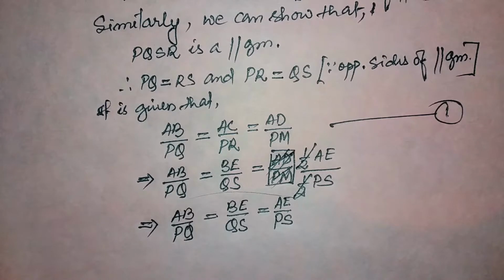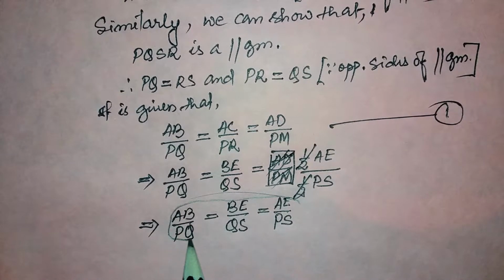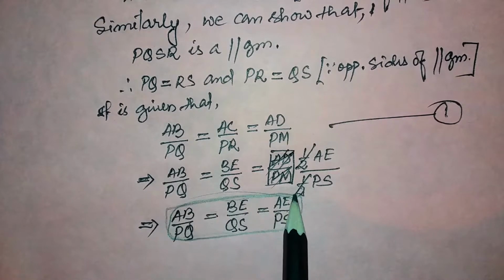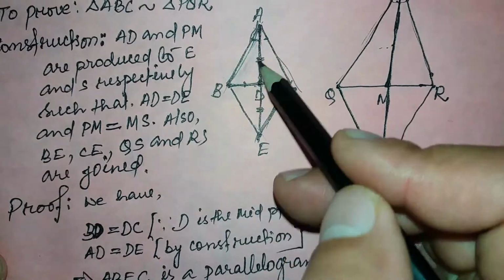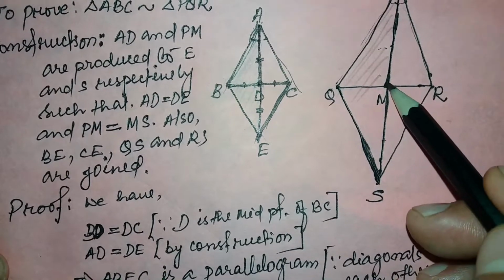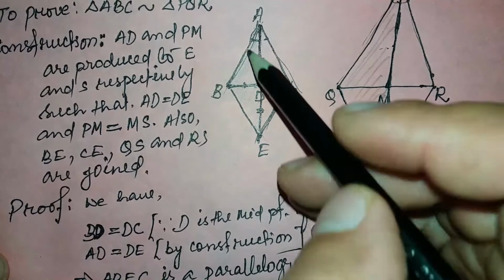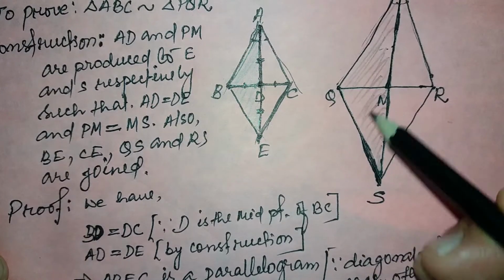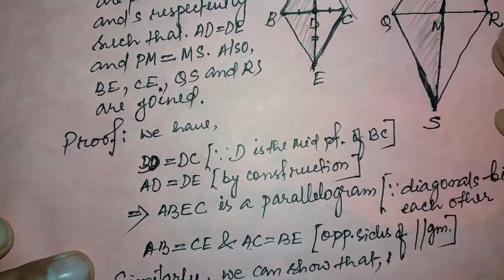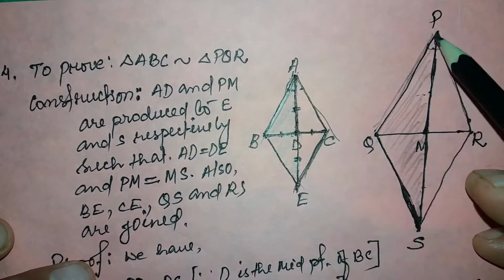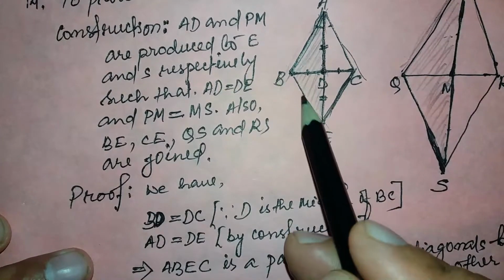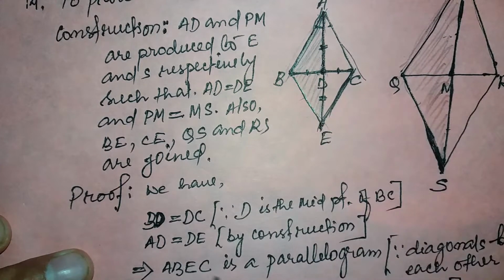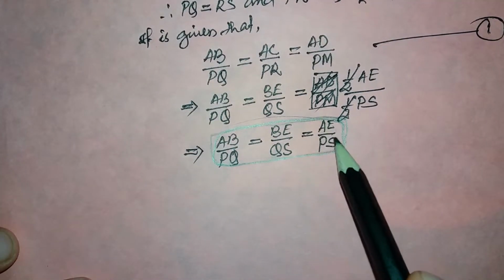Now let's see what is the use of this. Here in triangle ABE and this triangle PQS, AB by PQ, the ratio of these two sides, is equal to BE by QS, the ratio of these two sides, and is again equal to AE by PS.